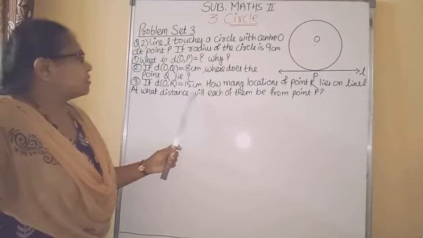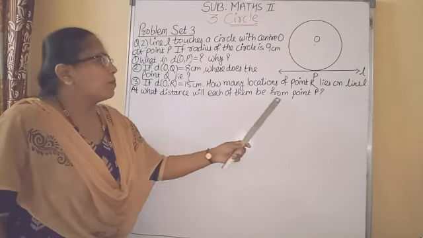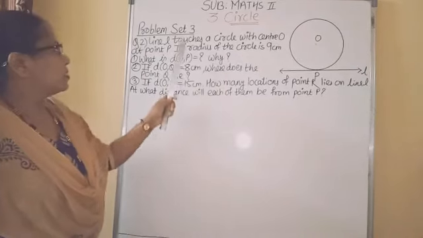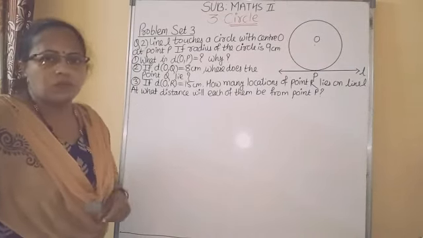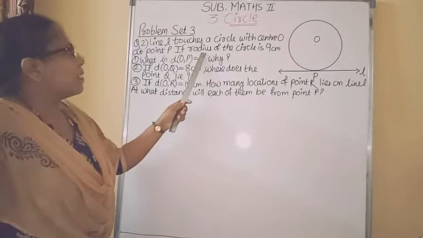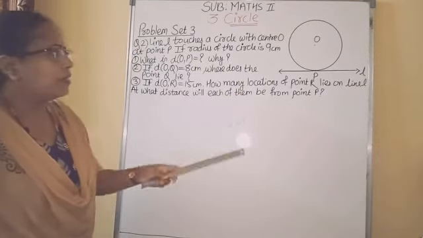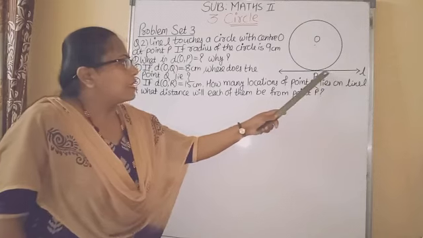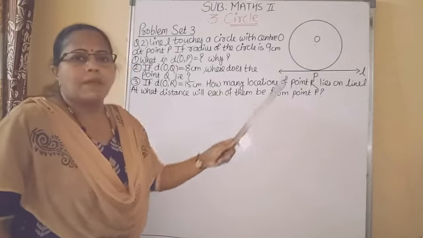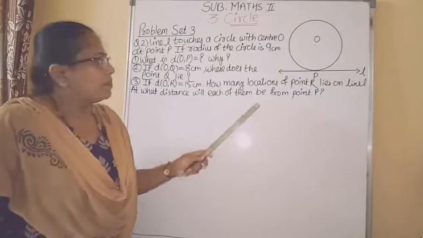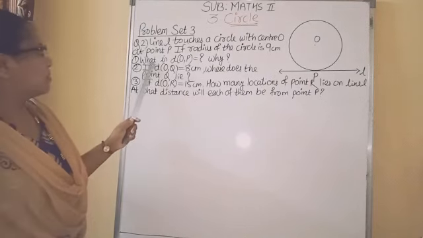At what distance will each of them be from point P? So this is question number 2. Here the given part is the radius of the circle is 9 centimeters and line L touches the circle at point P. Okay. So let us solve the first question.